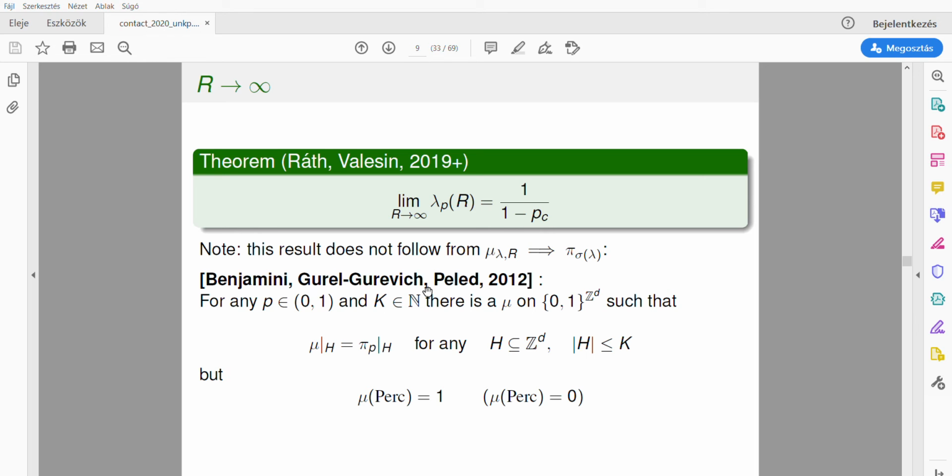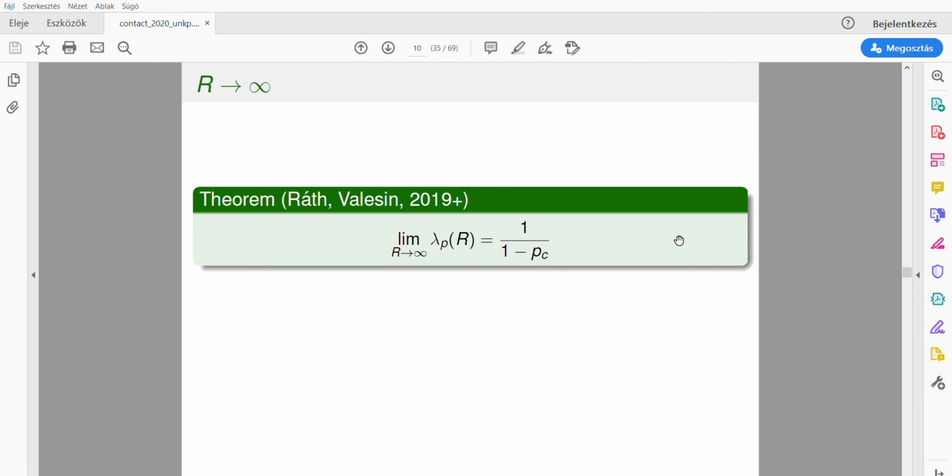Still, you will not be able to conclude whether it percolates or not, because you can create such a measure which percolates, and you can create such a measure which does not percolate. So again, the message is weak convergence is a local property and percolation is a global property. In order to prove our theorem, we have to do some extra work. It's not enough to show weak convergence. We have to show something stronger.